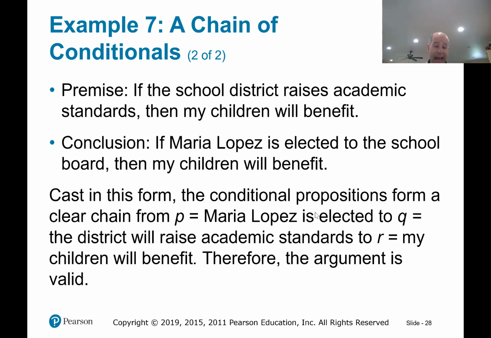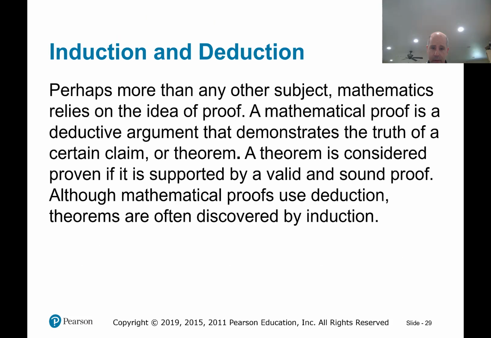And so let's look at the Venn diagram, because now you've got three things going on. P represents Maria Lopez is elected, right? Q is the district will raise academic standards. R is my children will benefit, right? And then you can create a Venn diagram from that.